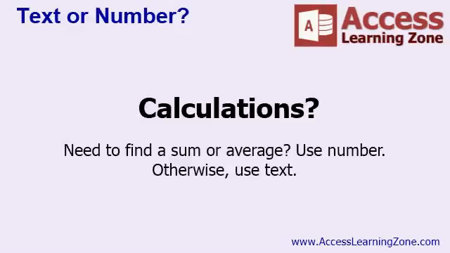Do you ever need to add together a group of zip codes? No, probably not. Do you ever need to find the average of a phone number list? Nope. Use text. Might you want to find a customer with the greatest number of children? Yeah, you might. So for that, use a number field.